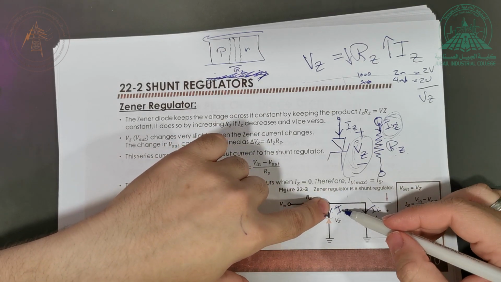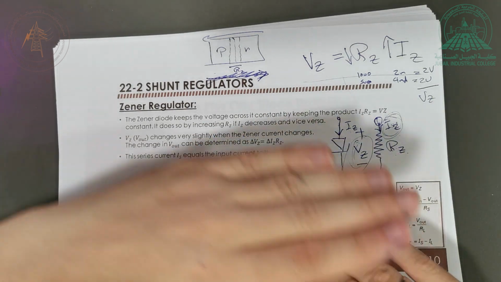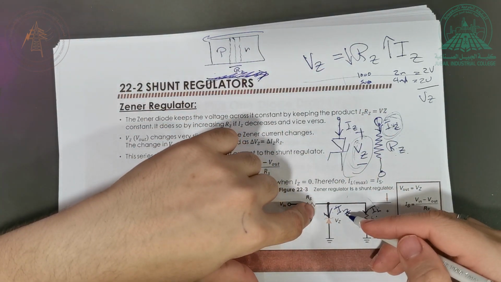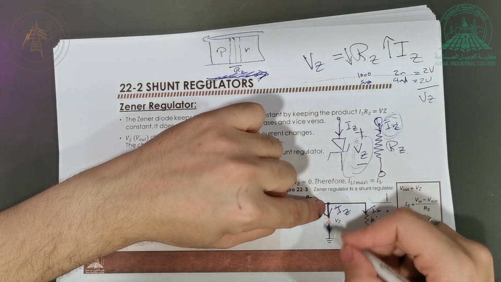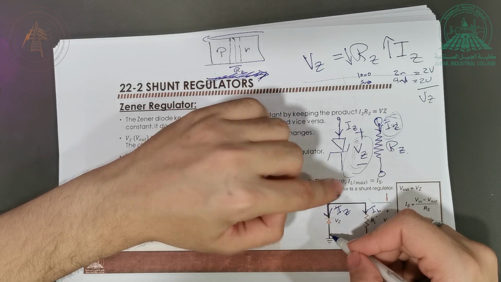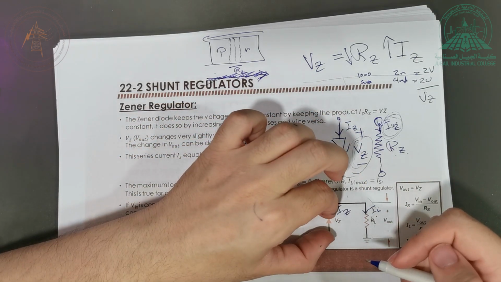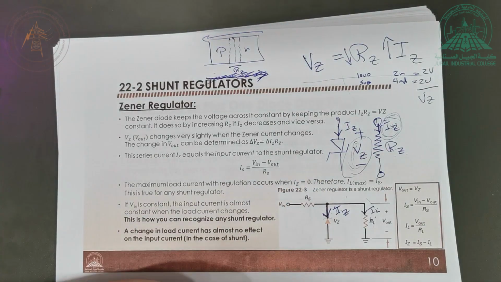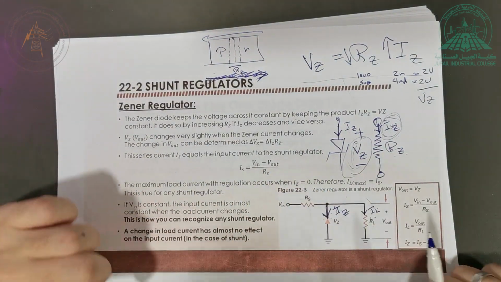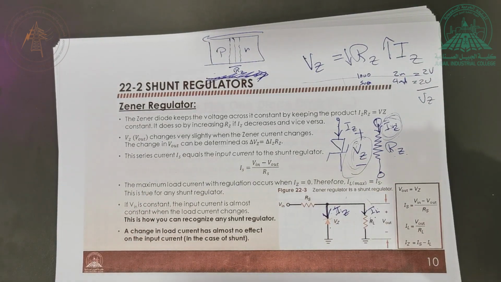When IZ decreases, the resistance will go up. So the voltage tries to go down, but in the Zener diode, when the current tries to go down, the resistance here will increase. So instead of the voltage going down, it will just remain the same, because the Zener diode is keeping this product constant.